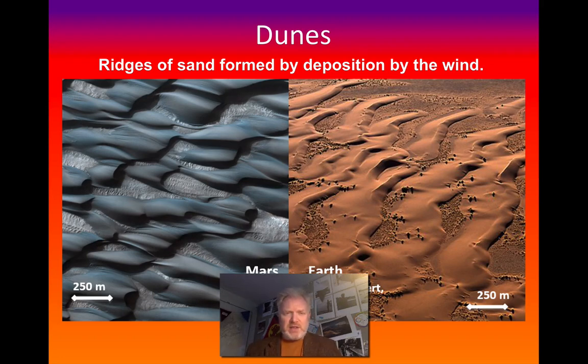We can find them in deserts, and we find them on coastal areas, Mirtha Mara, for example. Can we compare the sand dunes that we see in the Namib Desert with those that we find on Mars? What's similar? What's different? And why might that be the case?